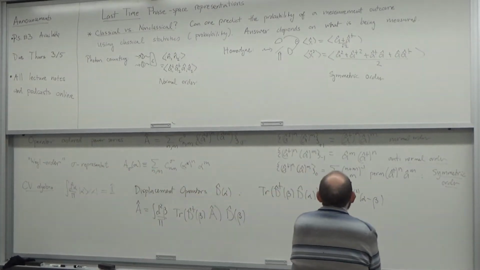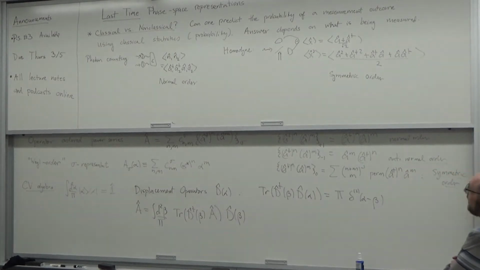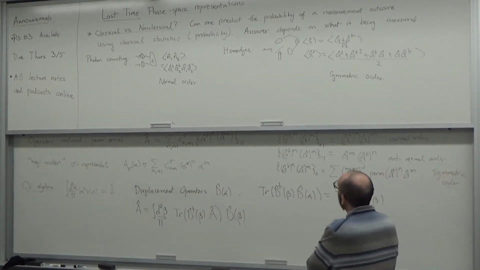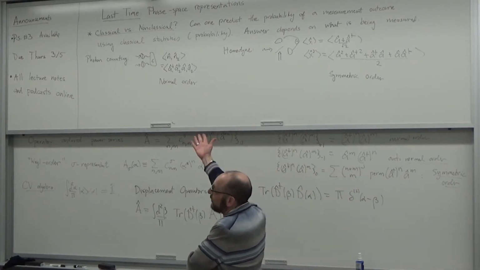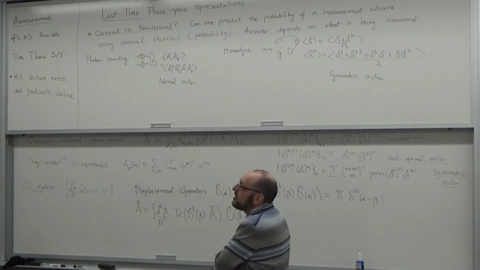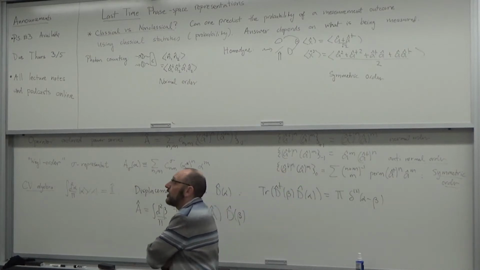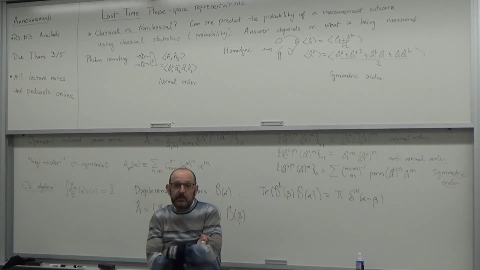So, just to see why this makes a difference, as we were looking at different kinds of measurements we might do on light, we could think about direct photon counting, in which case the objects of interest are normally ordered products.